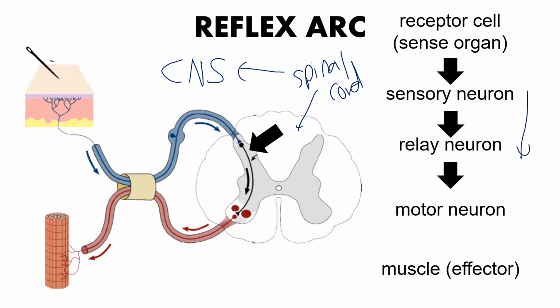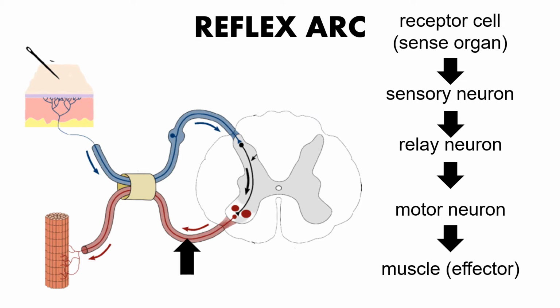After that is the motor neuron. After the impulse passes through the relay neuron, it will pass along the motor neuron here.